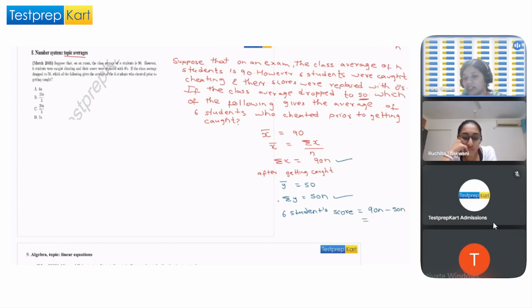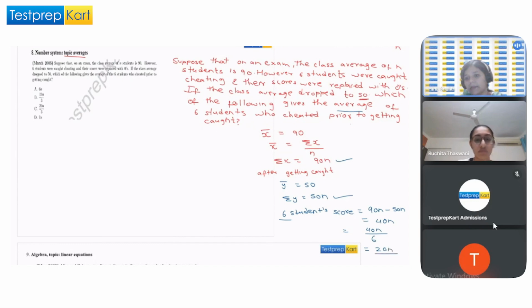That means the score that is not added is 40n. How many students are there? 6. They're asking for the average, so that means 40n divided by 6. What will be the answer? 20n by 3.